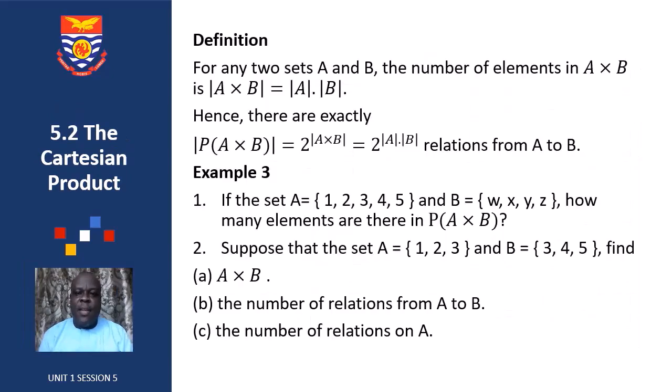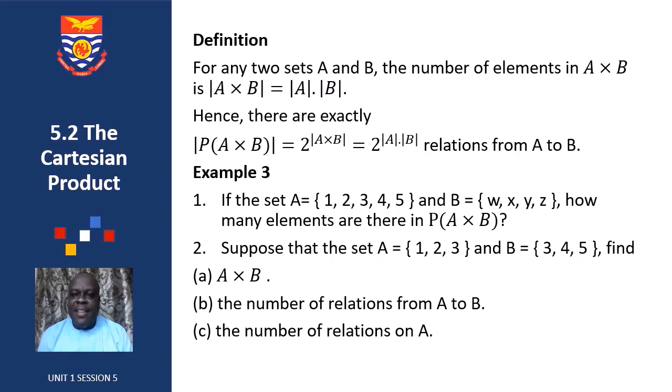We look at some more definitions. For any two sets A and B, the number of elements in A cross B is |A cross B|, which is equal to |A| times |B|.